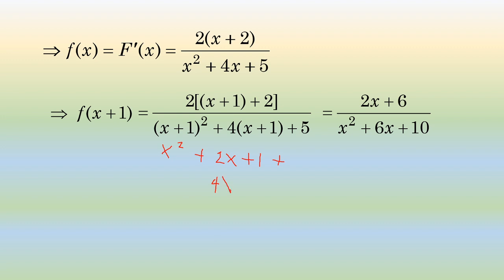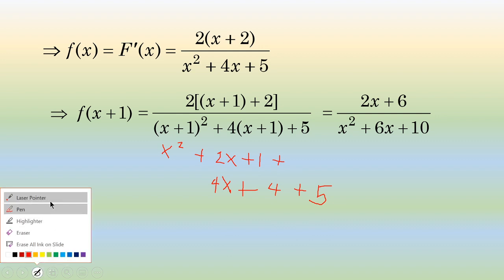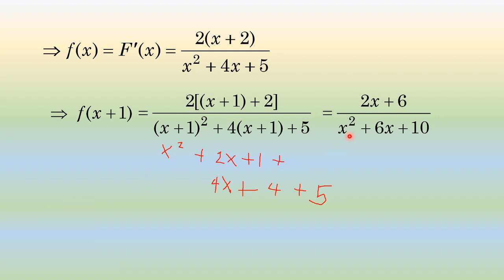That is 4x plus 4, then plus 1, plus 5. So we have x squared, 2x plus 4x, that is 6x, 1 plus 4, 5 plus 5, giving 10.